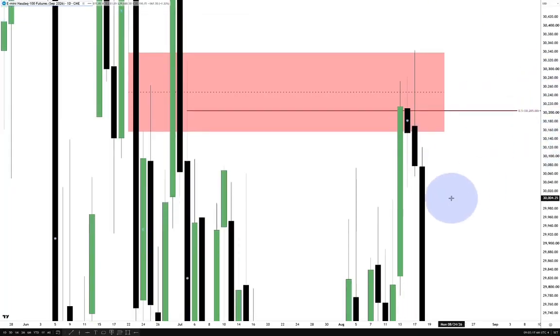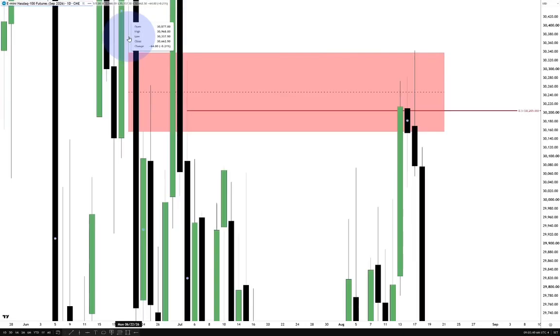Then on Monday, we open here. We rally all the way up to the high of that inefficiency. Couple handles above it, which is permissible. Remember, we're dealing with a daily chart. Okay, so if we look at that candlestick's low, comes in at 30,337 half.